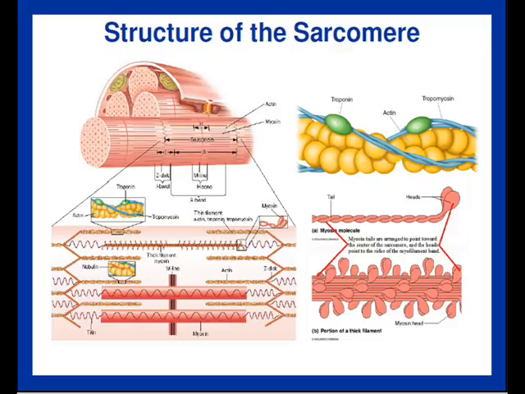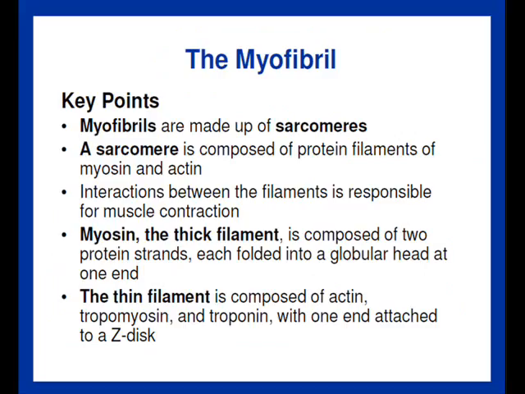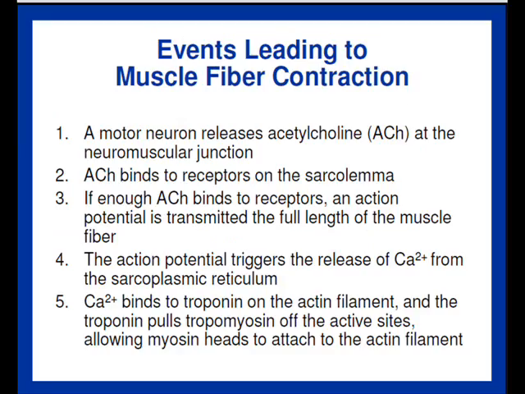So then myosin can come up and bind. So on the thin filament, underneath troponin and tropomyosin is the myosin binding site. Again, we'll go through this schematic in a second.